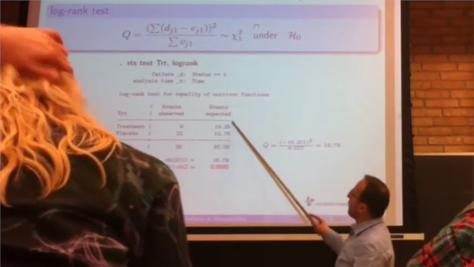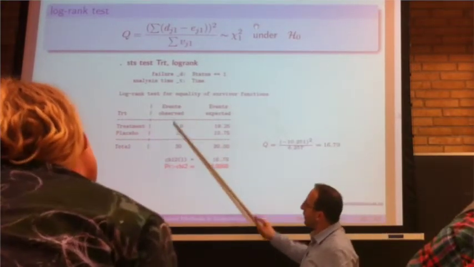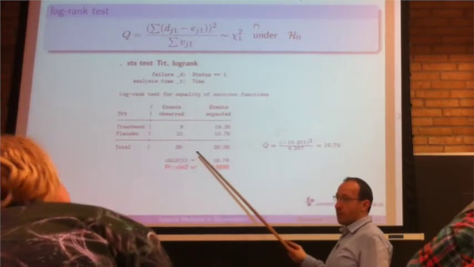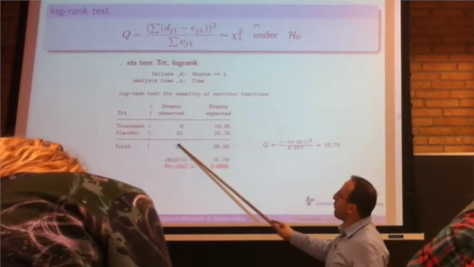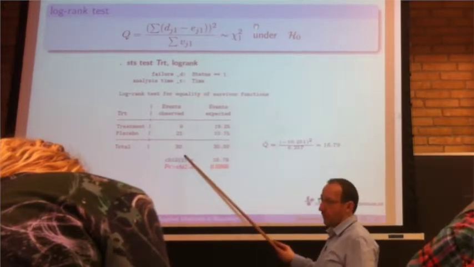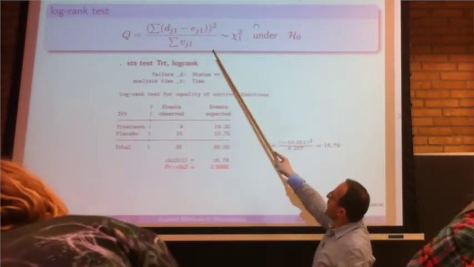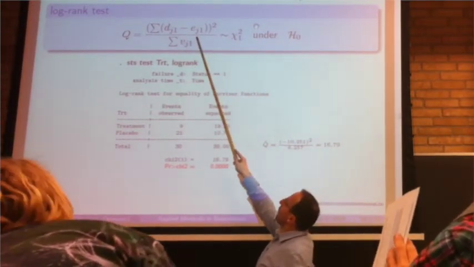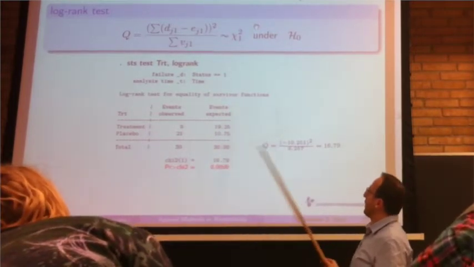Zooming in on the events observed, you have 30 events in total in your data. And the total of expected events equals the number of observed events. So the test statistic relates observed events with expected events, which gives a number of 16.79.